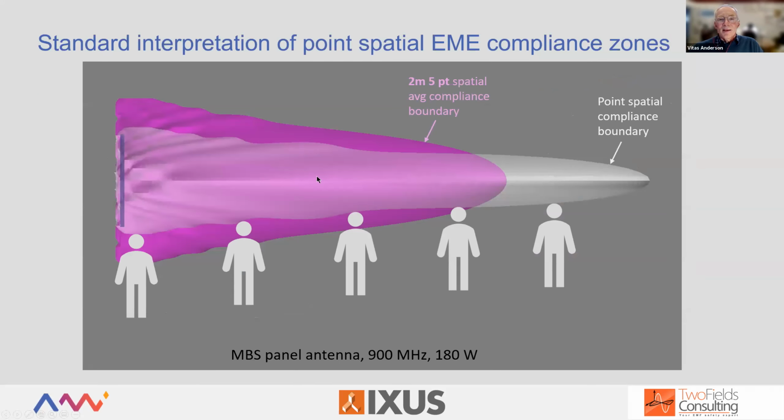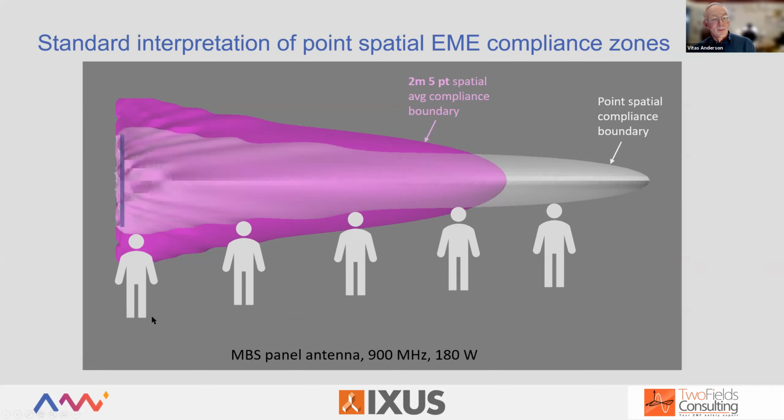All right, now this is what I was referring to a little bit earlier, about interpretation of the new RPS S-1 compliance zones. What I've drawn here is the standard point spatial compliance boundary that we're all currently using. And then the purple one is the 2 meter 5-point spatial averaging compliance boundary.